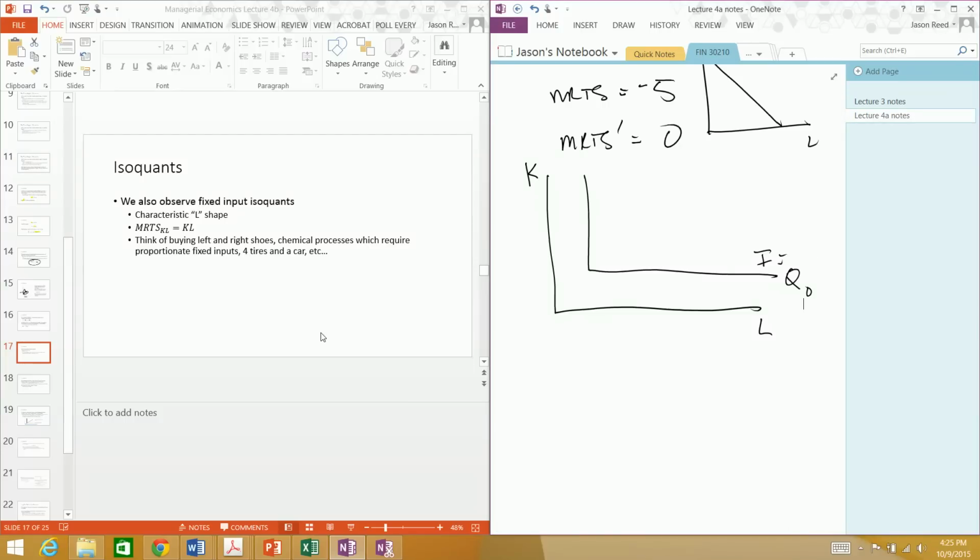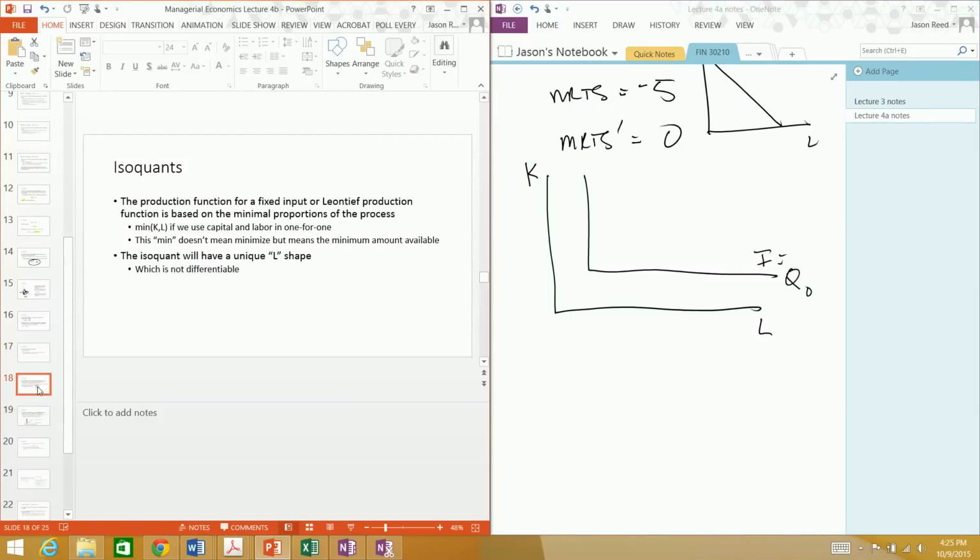So how do we continue looking at this process of isoquants then? Well, really our production function for fixed inputs, or we could also call it a Leontief production function, is basically based on the minimal proportions of the process. So in our example, if we were to use capital and labor in 1-for-1 inputs, then we can only produce at the minimum amount of labor or the minimum amount of capital that we have.